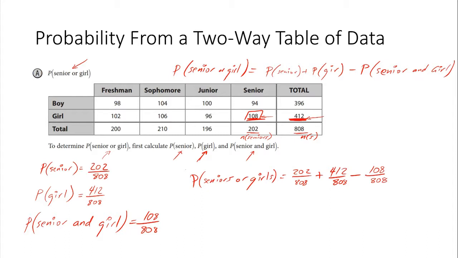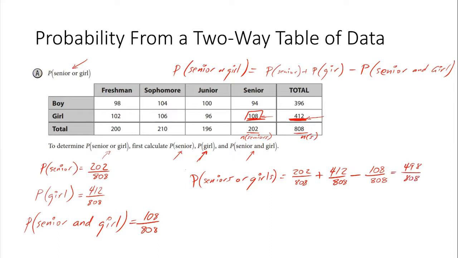All right, so we could do this in your calculator real quick. We have 202. Now there's a reason I didn't reduce. It's because I had a common denominator 808, so the math is a little bit easier towards the end. So 202 plus 412, minus 108. Oops, I mean 202 plus 404 minus the 108. And I have 498 out of the 808.